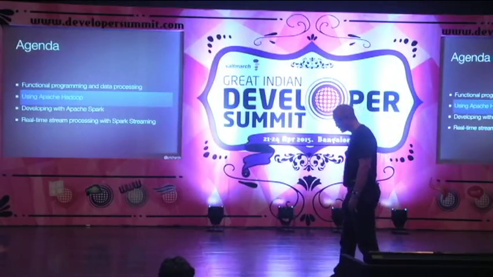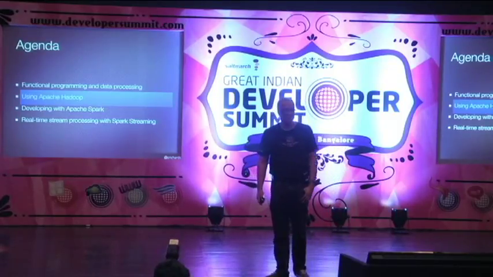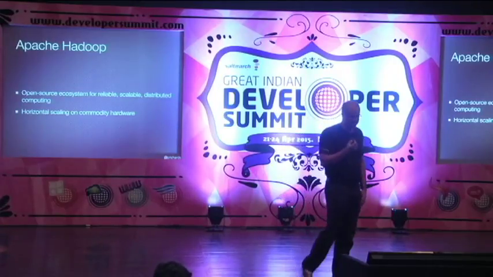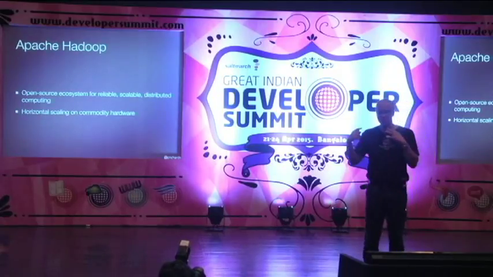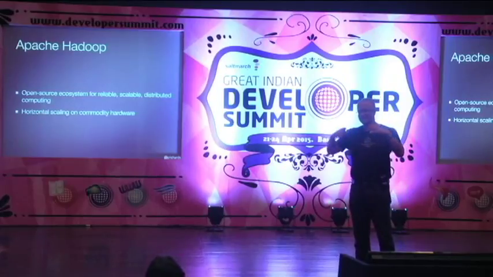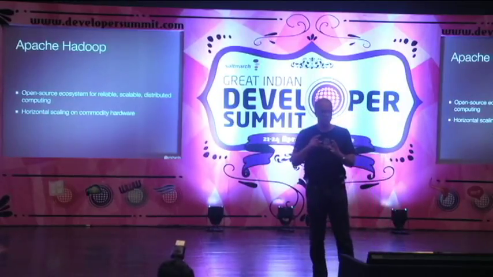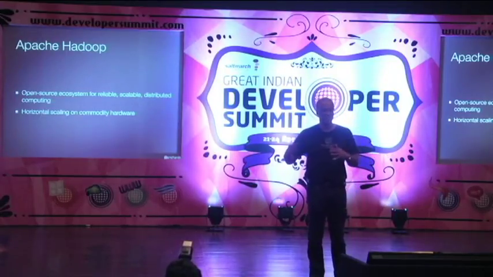The standard technology for a long time for doing that was Apache Hadoop. Apache Hadoop is an open source ecosystem for reliable, scalable, distributed computing. It's a whole family of different technologies that work together, and it gives you horizontal scaling on commodity hardware.